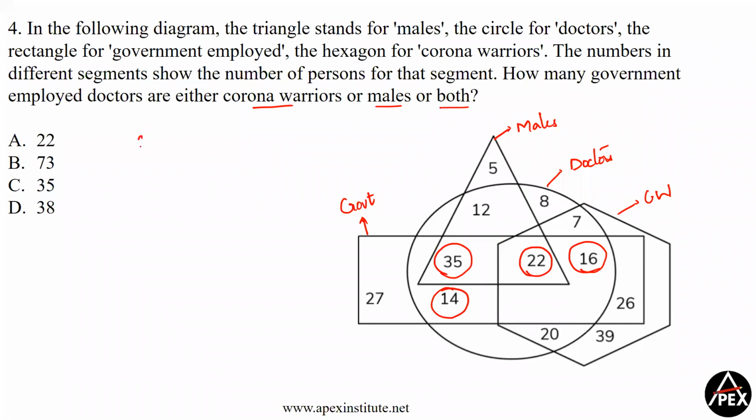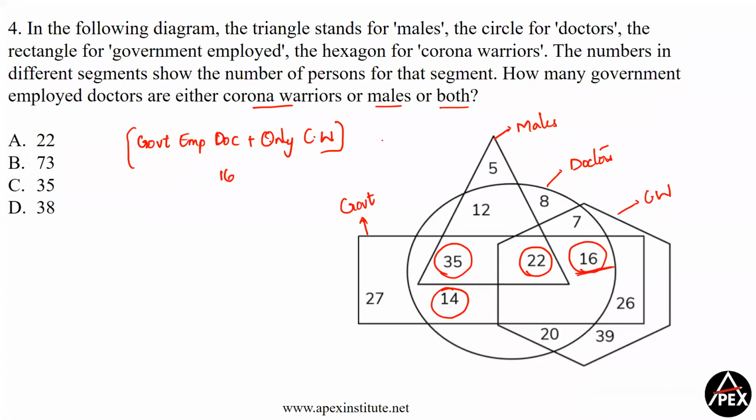So what are the regions common to government employed doctors plus corona warriors? 22 and 16, isn't it? Or let me consider government employed doctors plus only corona warriors. That will be 16, isn't it? Yes or no? So this is 16.